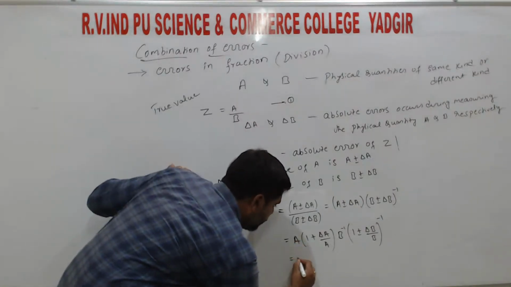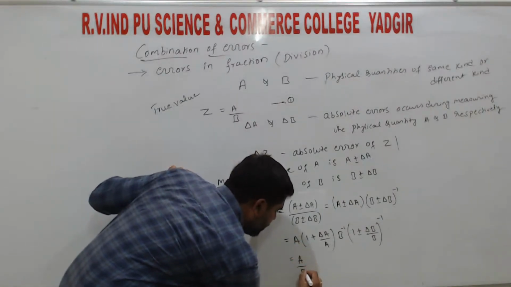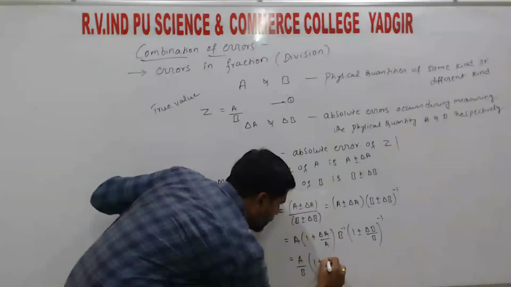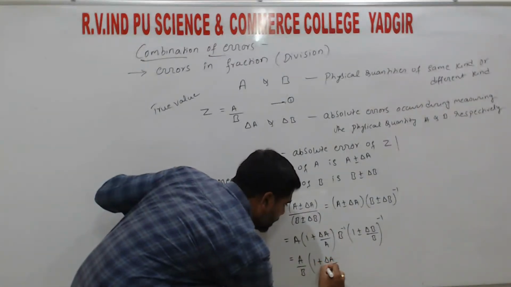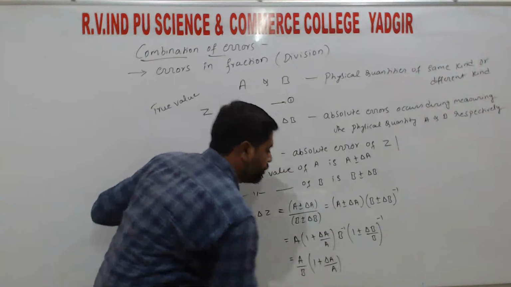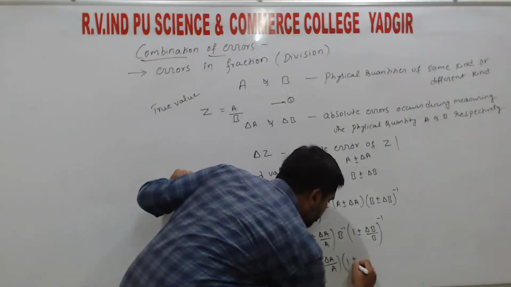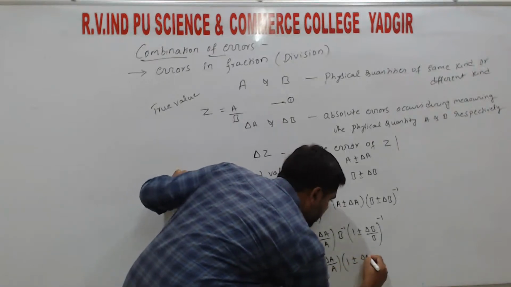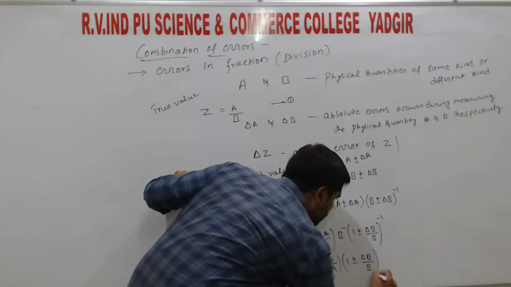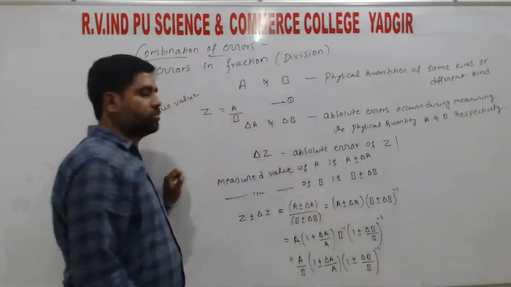So this we can write A divided by B, 1 plus delta A by A into 1 plus or minus delta B divided by B whole power minus 1.